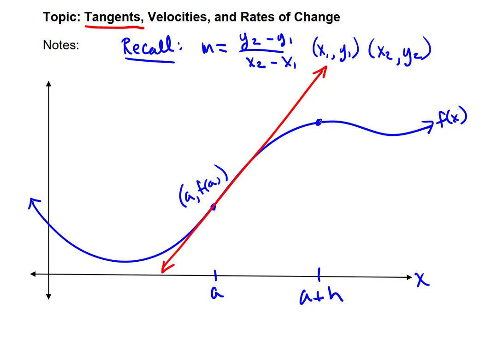In other words, this point directly above this A plus H place would have the coordinates A plus H, comma F of A plus H, just like we defined in the first point, but now with a different x coordinate. If you connect those 2 points we have now, you get what I've now drawn in an orange line.